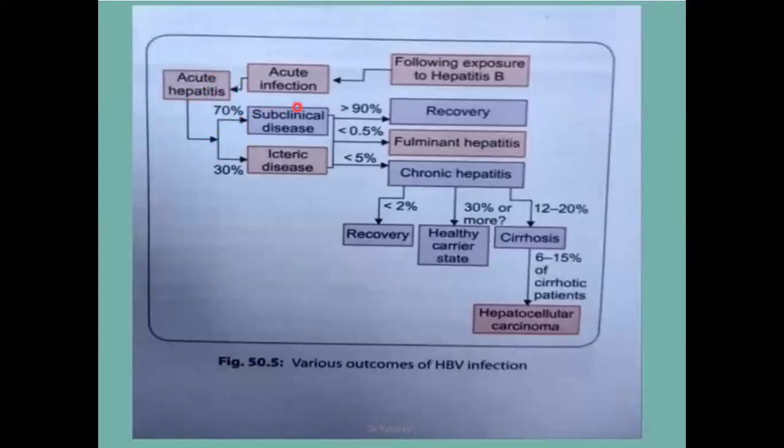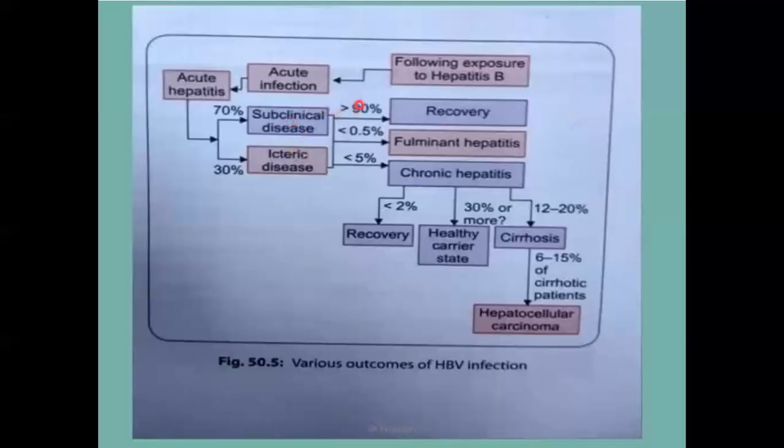Sub means below. So it is below par. You're not going to get that sick, okay? Most likely you're going to recover. But icteric disease is now where you get features of hepatitis infection. So icterus means jaundice, okay? So jaundice is the yellowness of the eye.